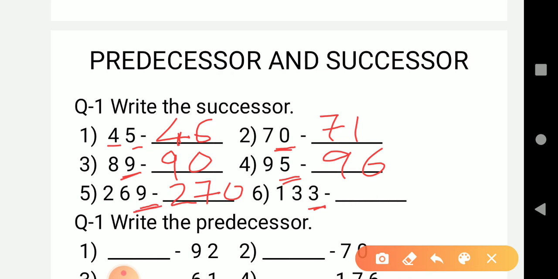If the last digit is 9, then we take two digits: 69, so 69 after is 70, 89 after is 90, like that. 133, so 134. Understood? Okay, very good.